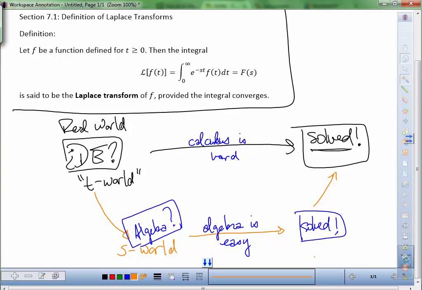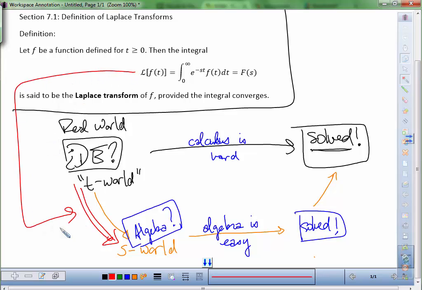And so this step, going from our differential equation to the S world, is called a Laplace transformation. So we're going to use the Laplace transformation to go into the S world. We'll see that our equation will be an algebra equation that we should be able to solve.